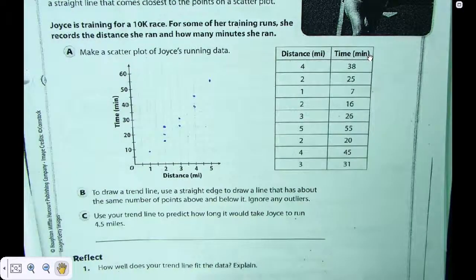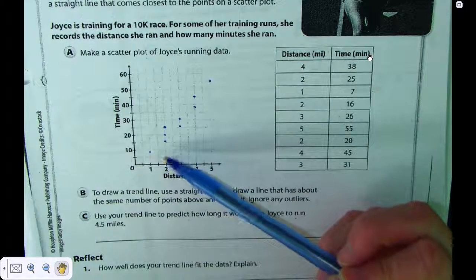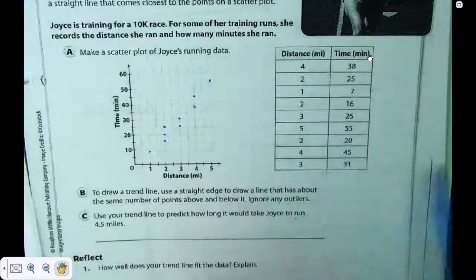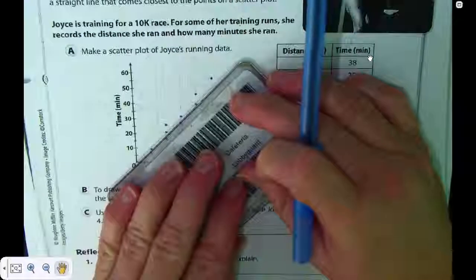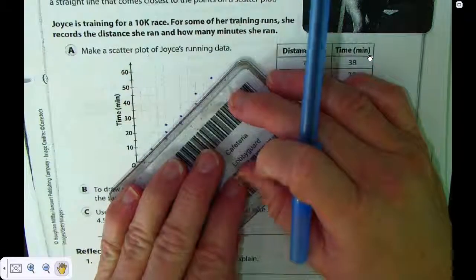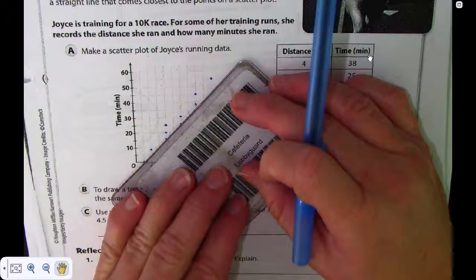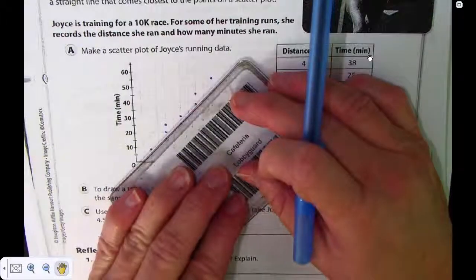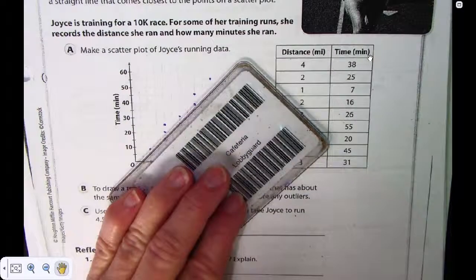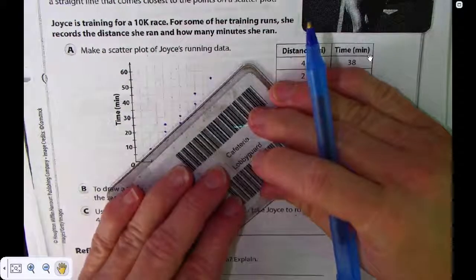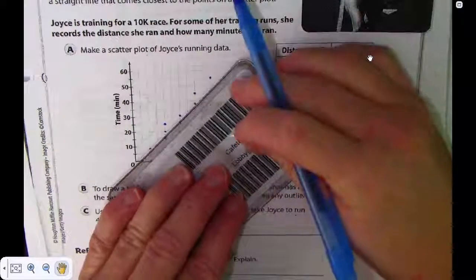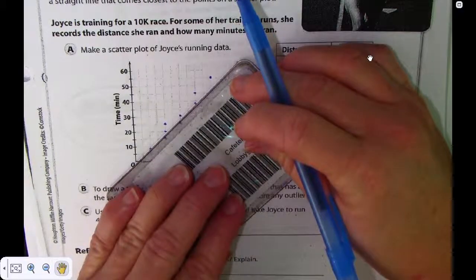Okay, y'all got it? How many points are there? 9. So we need to try to find 4 above and 5 below? Or there might be 1 point on the line, and then there would be 4 and 4.